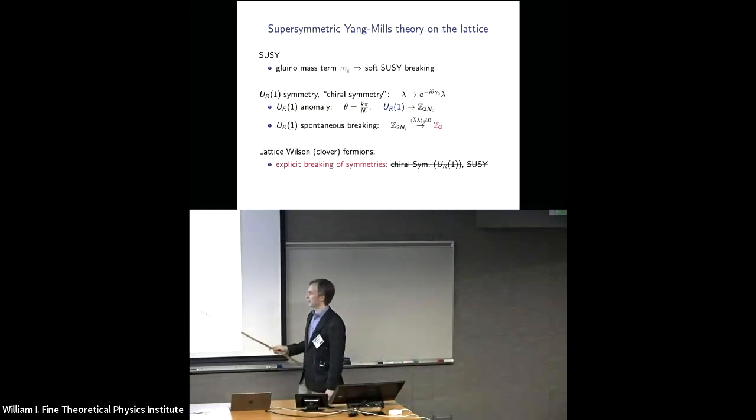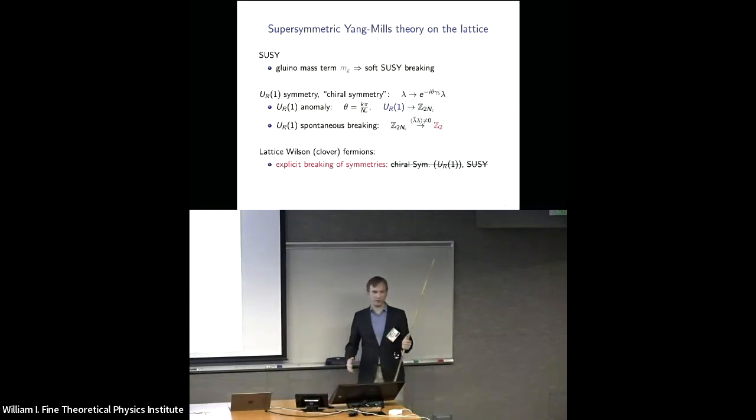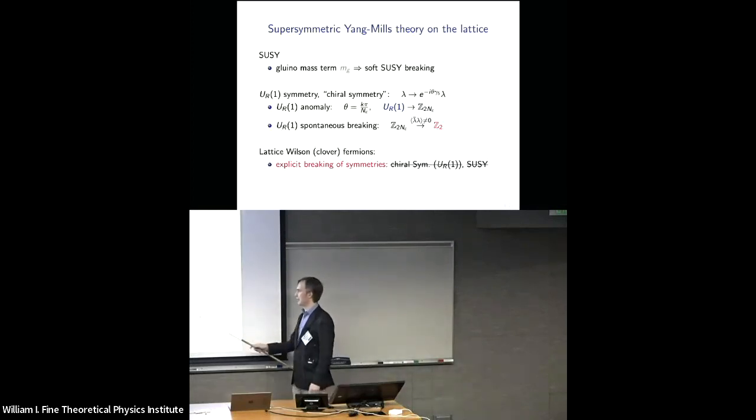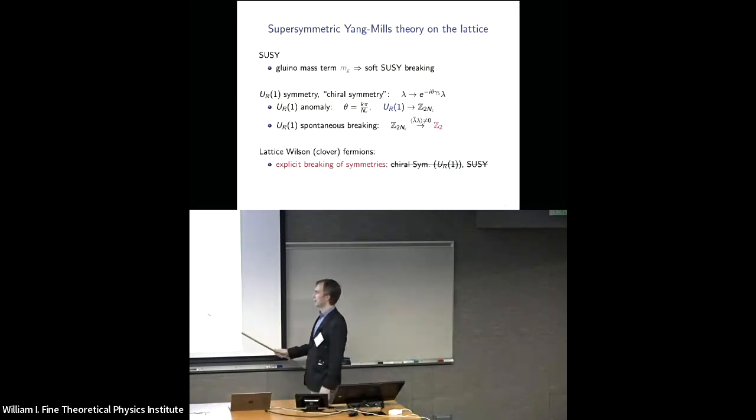And then you also have a chiral symmetry, which in the case of supersymmetric Yang-Mills theory is first of all broken by the anomaly, but in contrast to QCD, you have a discrete subset of the symmetry which survives this anomalous breaking, and then you have spontaneous breaking due to the presence of the gluino condensate, which is basically the chiral symmetry breaking in supersymmetric Yang-Mills theory.